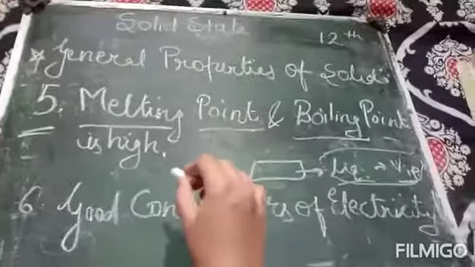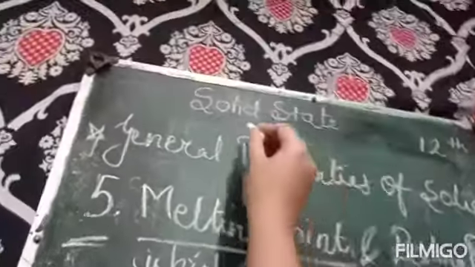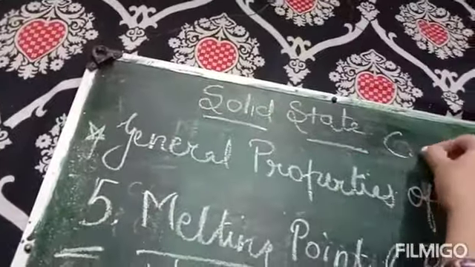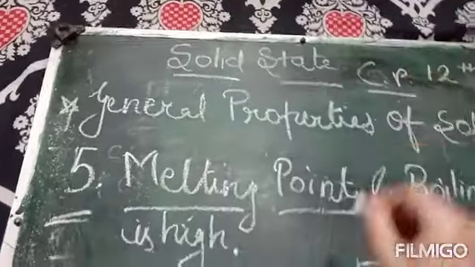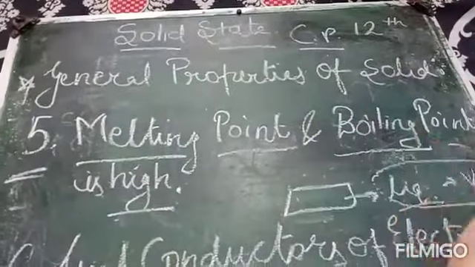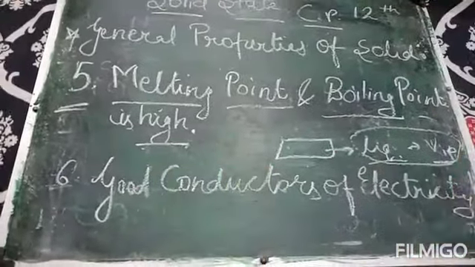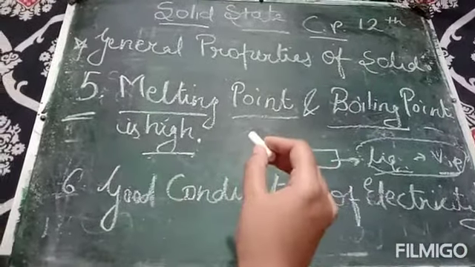But in solids, that is high, because as we know that solid state is closely packed state. So to melt and to boil that solid, the temperature is high. So the melting point and boiling point of solid is high.